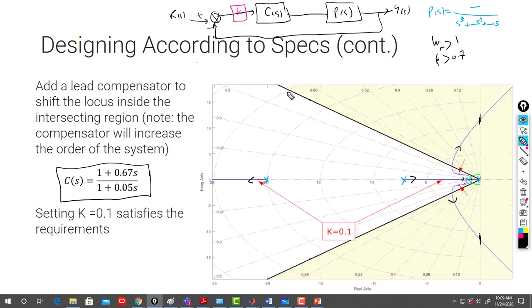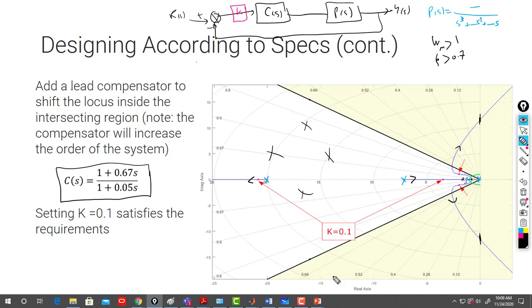That's the zeta, and this is the omega n. And we said last time that the white area is the area in which I should find my closed loop poles to satisfy my requirement. So I need my poles to be located somewhere in the white area.